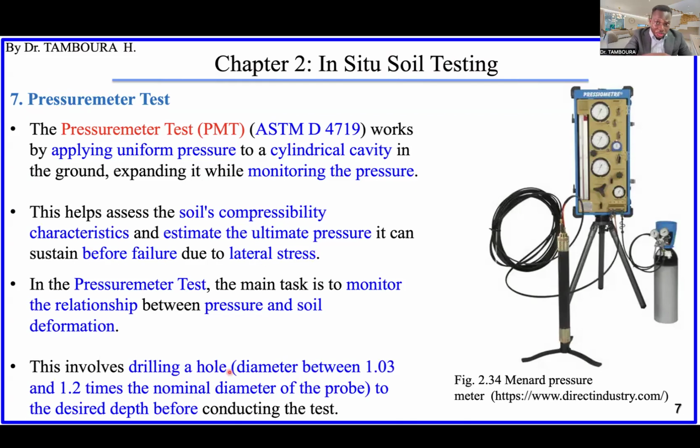So you make the borehole having 1.03 to 1.2 times the nominal diameter of the probe. And you insert the probe at the desired depths where you want to test to know the strength of the soil before you conduct the test.